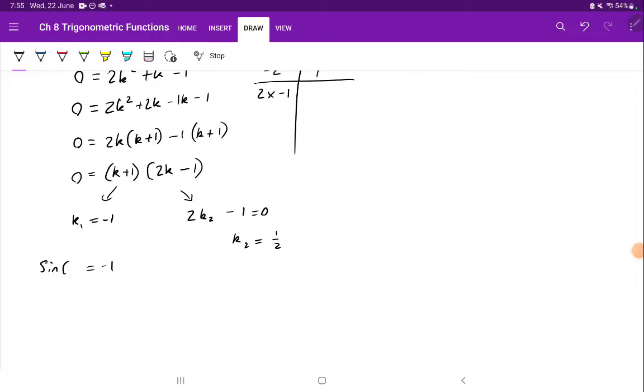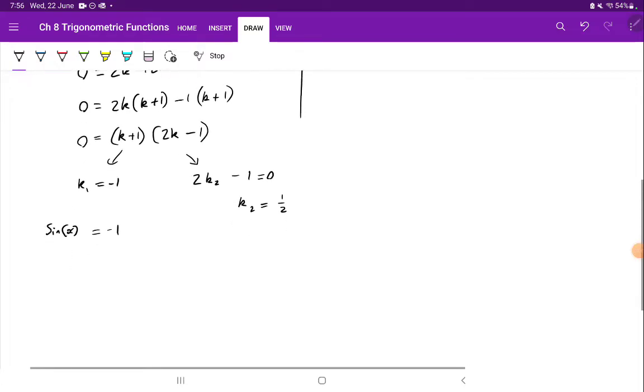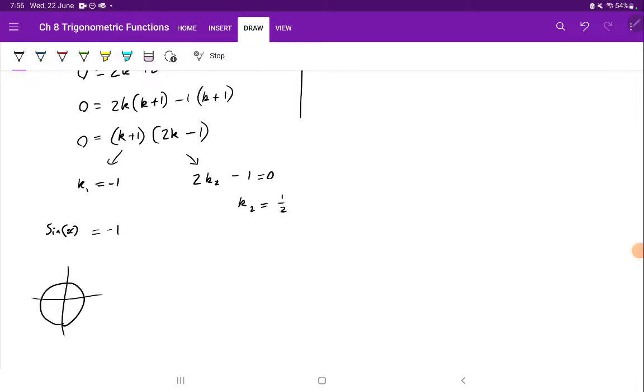Alrighty, so sine of x equals negative 1. There's only a couple of solutions. And how can we find the solutions? Well, negative 1 is not actually on any of our triangles. It's only going to appear on the unit circle. So let's look at the unit circle. On the unit circle, where is sine going to be equal to negative 1?